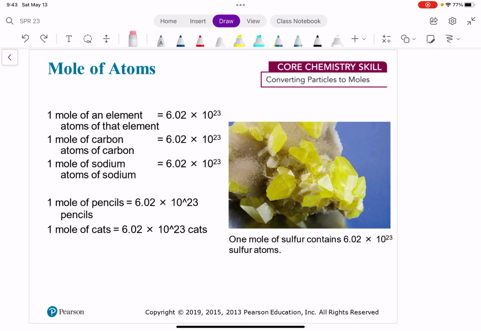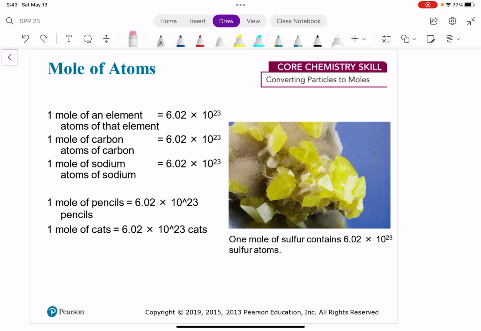But remember, a mole of anything, a mole of pencils is 6.022 times 10 to the 23rd pencils. A mole of cats is 6.022 times 10 to the 23rd cats. A mole of apples is 6.022 times 10 to the 23rd apples. 1 mole of anything is 6.022 times 10 to the 23rd of that thing, okay?